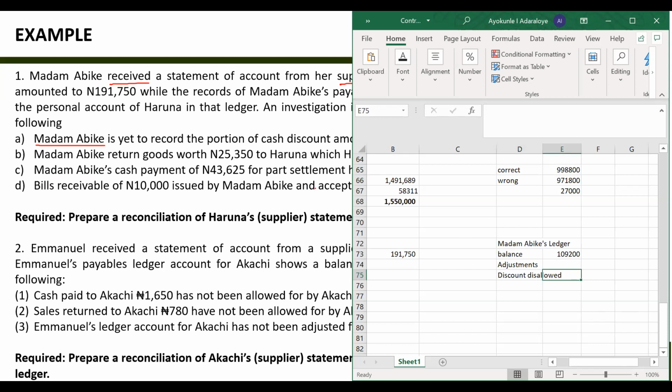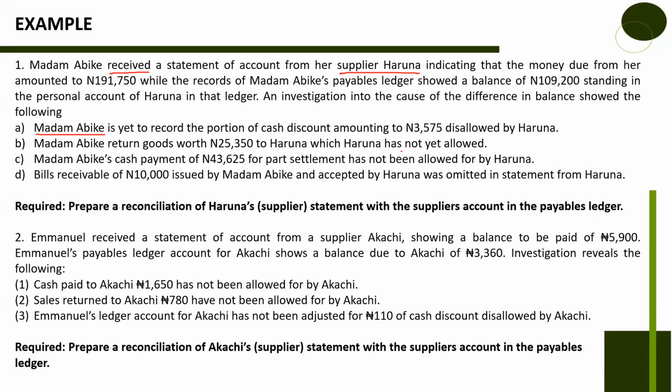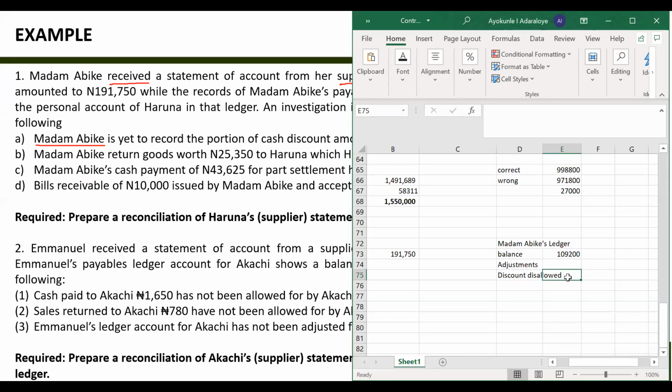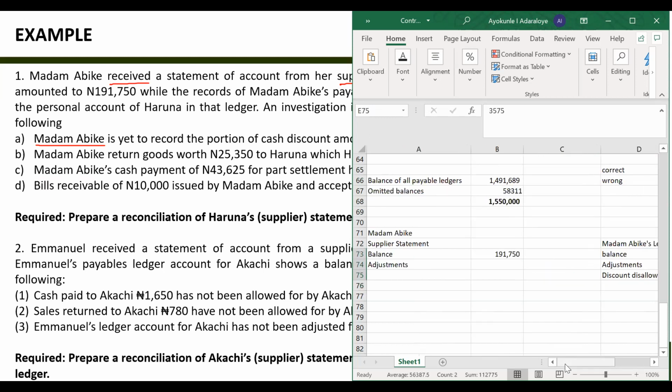So it is going to be a plus or minus 3,575. Are we going to remove it here or add it here in Madam Abike's ledger? We add it, 3,575, because adding will increase Madam Abike's receivable. Thank you.